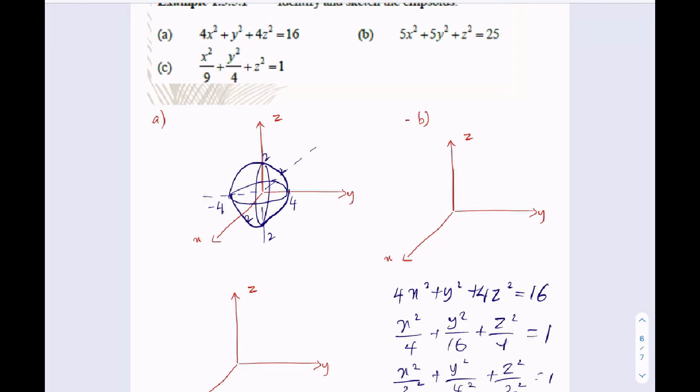Okay, how about the B? The B, we can see that it becomes 5, 5, square root 5.